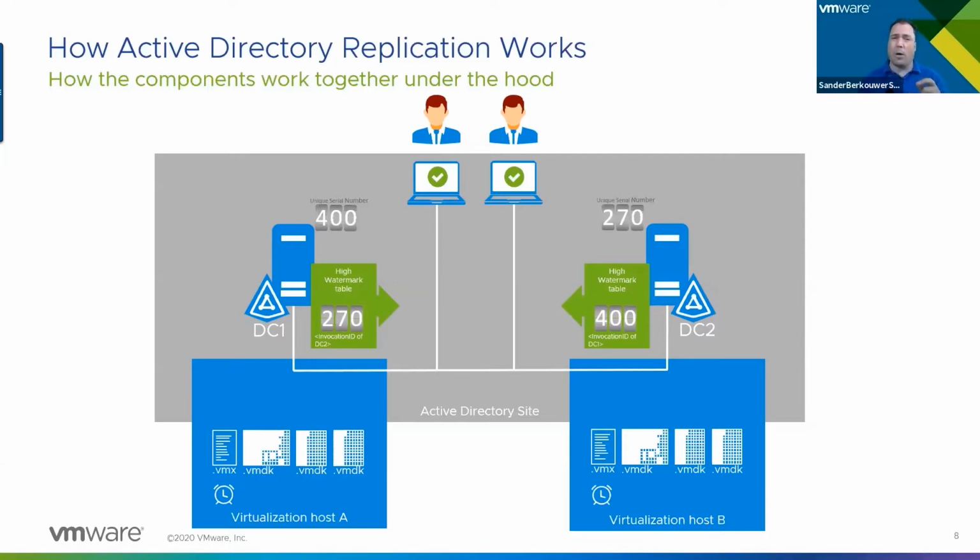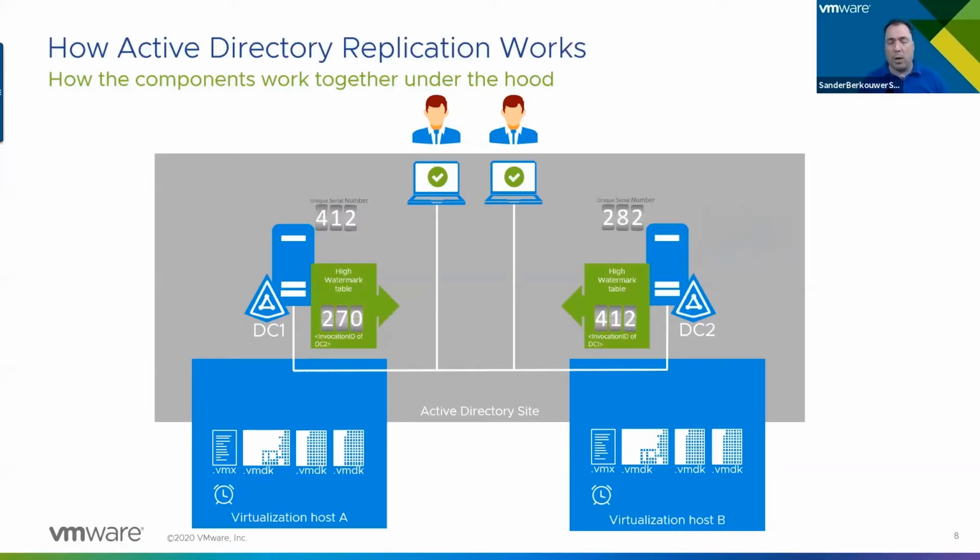And this is important because every replication partner is denoted with its invocation ID, not its name, not its IP address, not its DSA GUID, but its invocation ID. And what we'll see is that as we create a couple of users, we see the unique serial number for DC1 go up with the same amount of write transactions that are needed. And then we replicate all that over during standard replication.